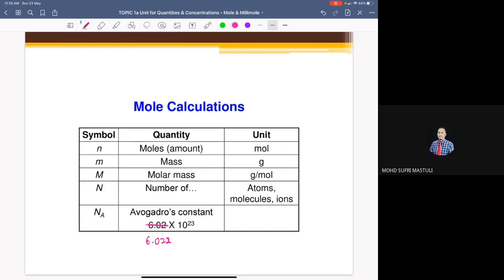Of course, you can use 6.02, but we standardize because on the earlier slide we used the Avogadro number as 6.022 times 10 to the power of 23.